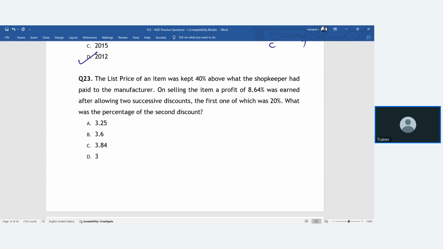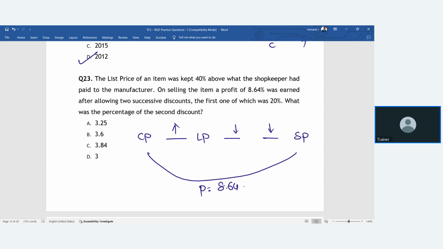What is the second discount they're asking? Listen, you purchased, you increase the price, then you give two discounts and sell the product. And finally you got 8.64% profit.